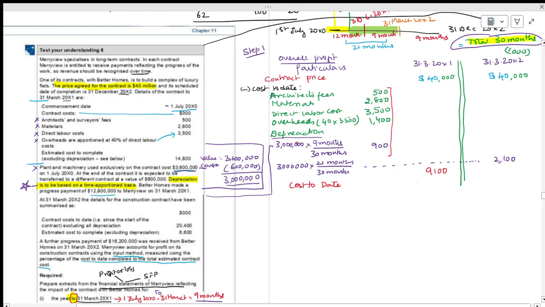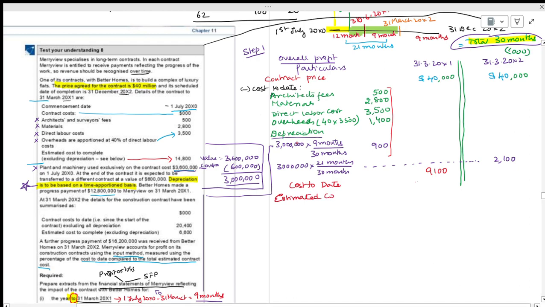This is the cost to date. How much is the cost to complete? How much have they mentioned? Here they have mentioned cost to complete. How much is the estimated cost to complete? 14,800.